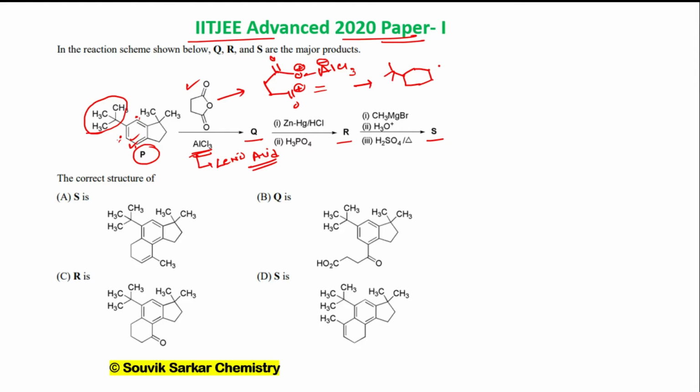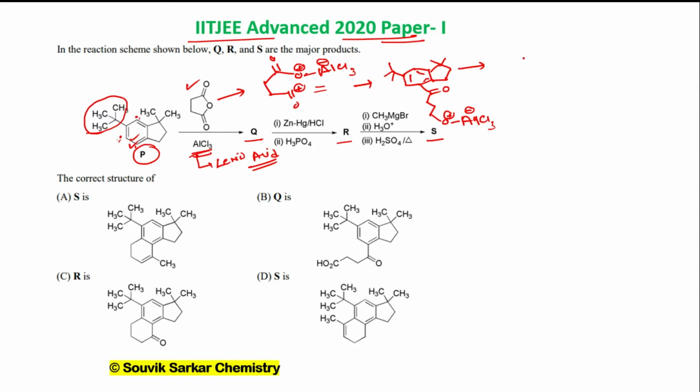There were two methyl groups, two cyclic groups, and it will attack in this position, C double bond O, C double bond O, with O and Al plus.